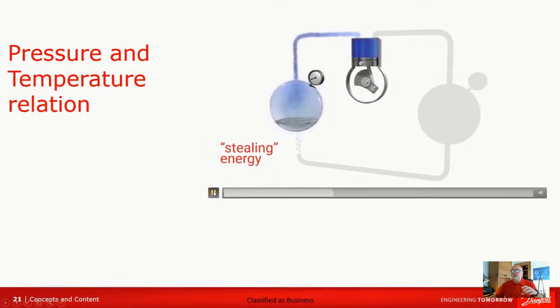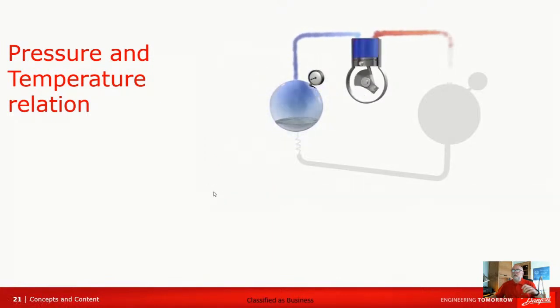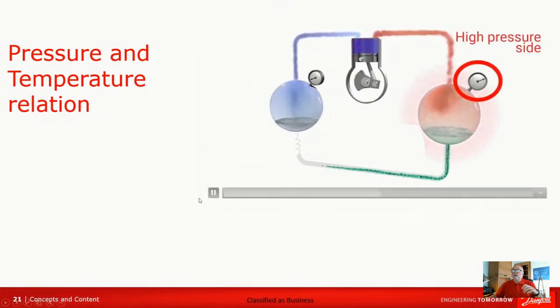Yeah, let's see if we can get it running. Yeah, here we go. And you can see it's being pushed over to the high pressure side. So we have a low pressure here, and the piston is actually pressing the vapor over into the high pressure side.